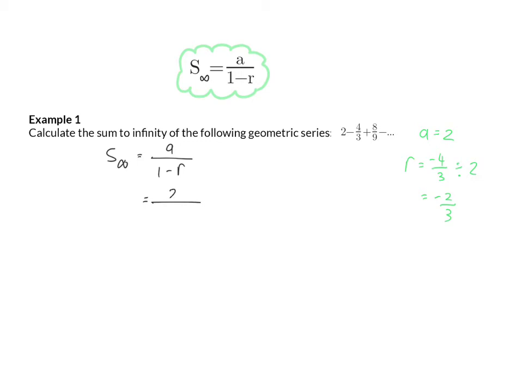So this will be 2 divided by 1 minus the constant ratio, and that is 6/5, or if you want to write it as a decimal, 1,2. So this means if we keep adding and adding to this series, the total sum will be 1,2.